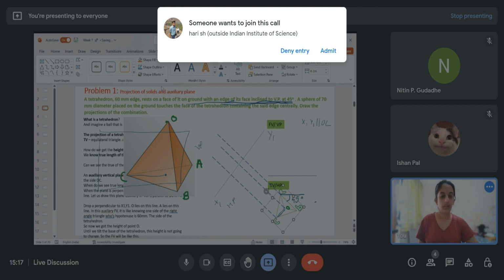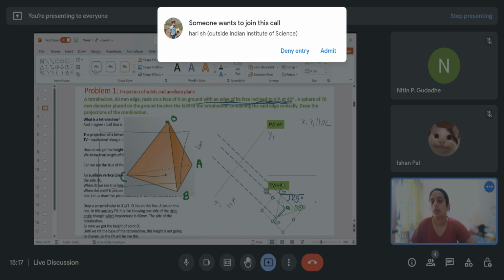So now here, this is my top view, and I'll draw the auxiliary front view. I still don't know the height, but I know that this line OC will be seen as a true length in the vertical plane.